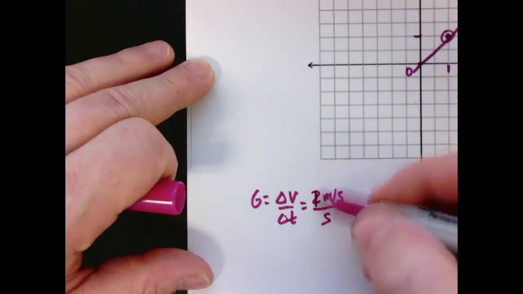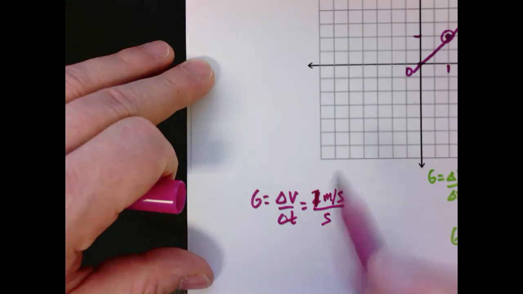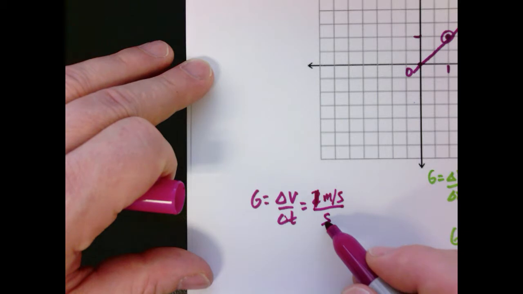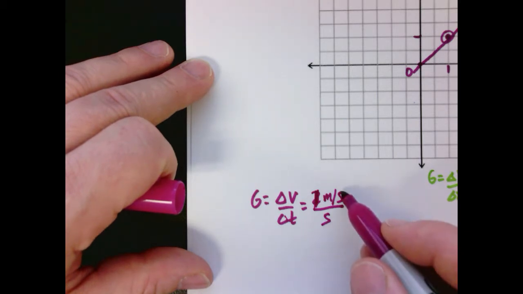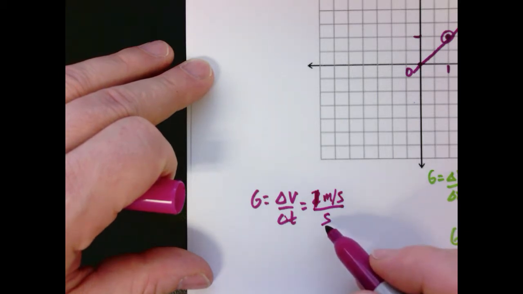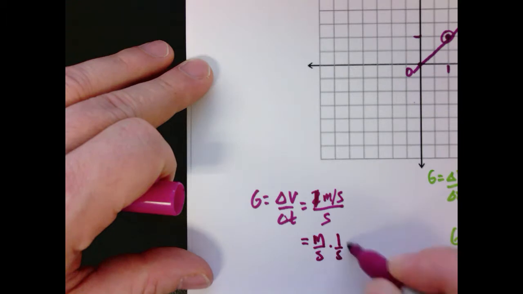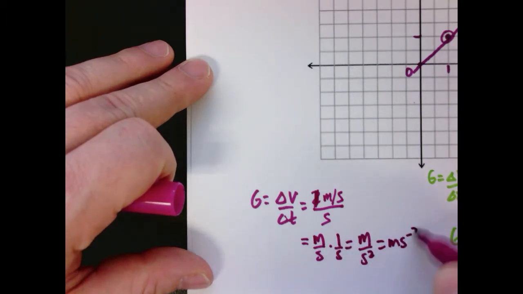We had 1 meter per second is what we came up with as the number. But the point is that we have meters per second. How many meters per second was it changing every second? Now, what that yields is meters per second times 1 over second, which is meters per second squared, or m s^-2.